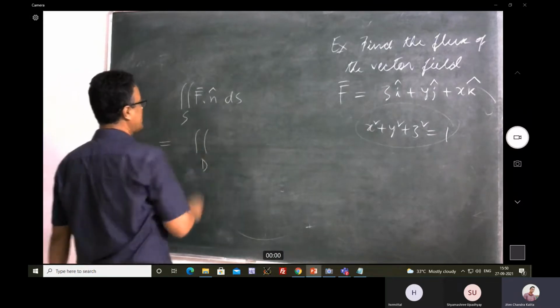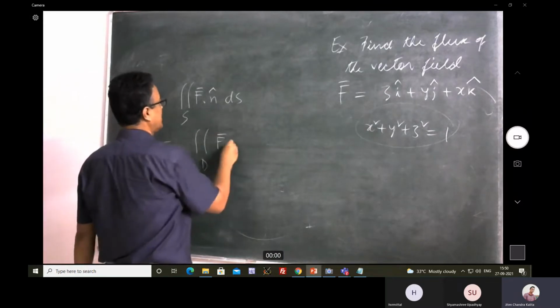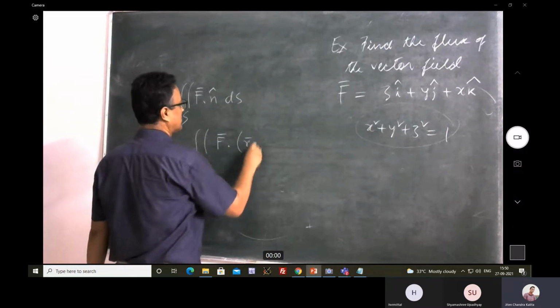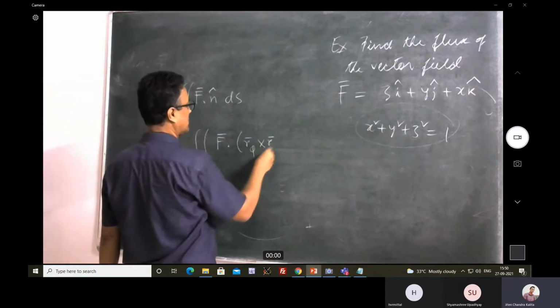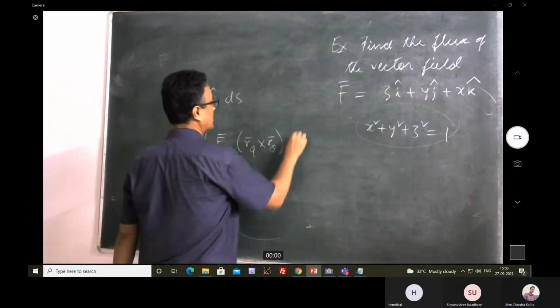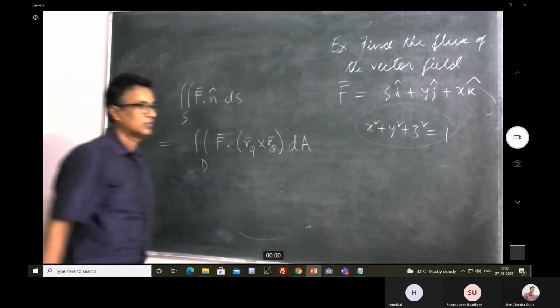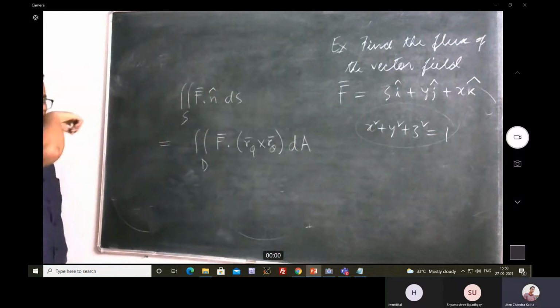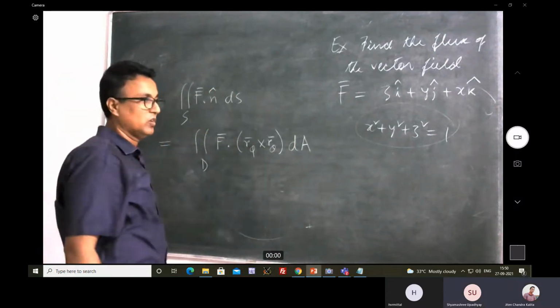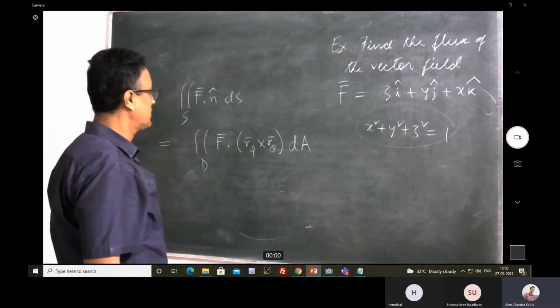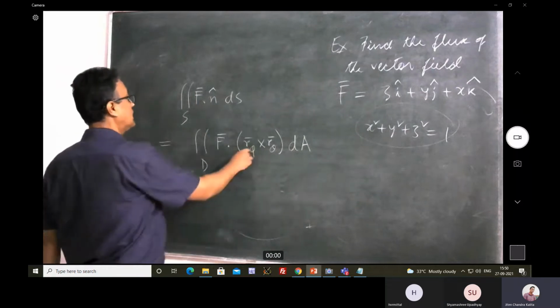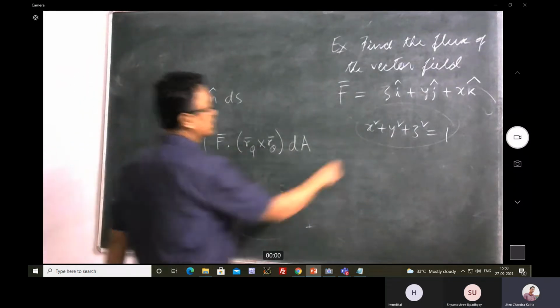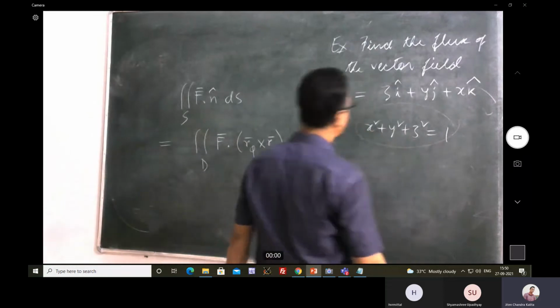So it is going to be F dot, and it is going to be this if you recall, in spherical polar coordinates.